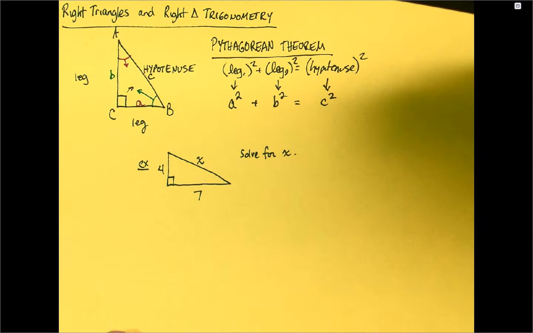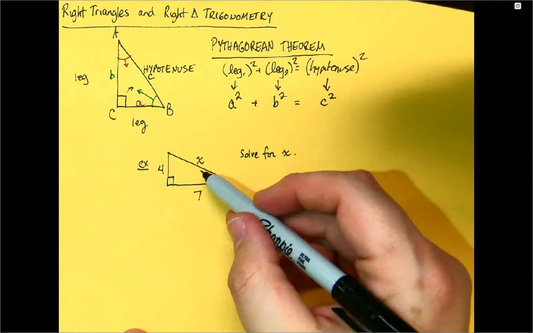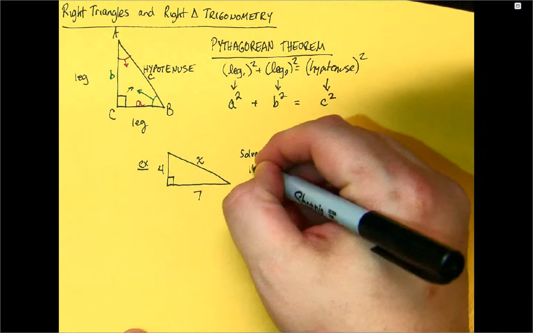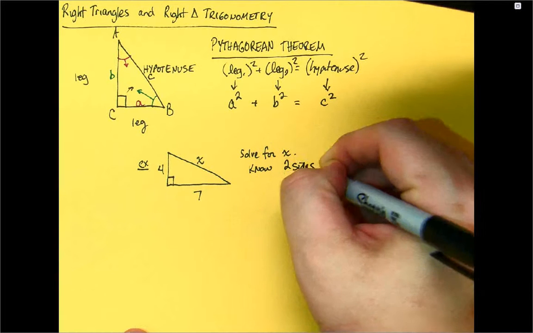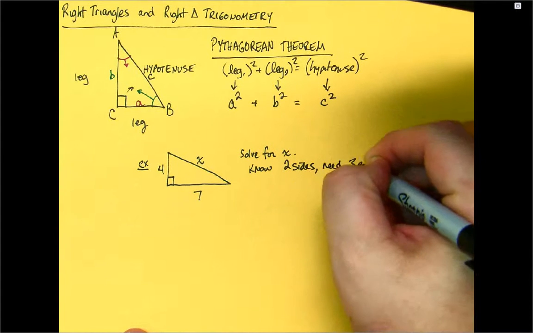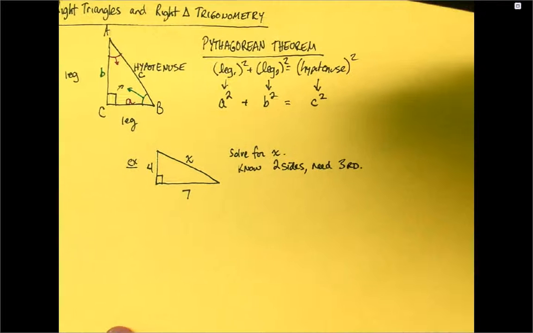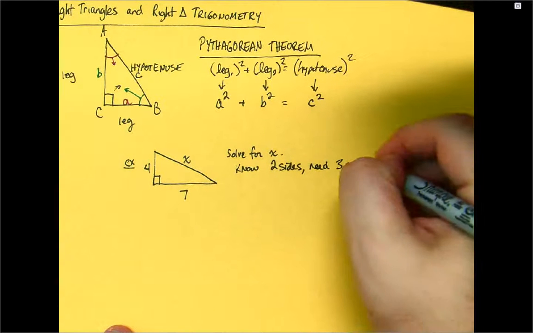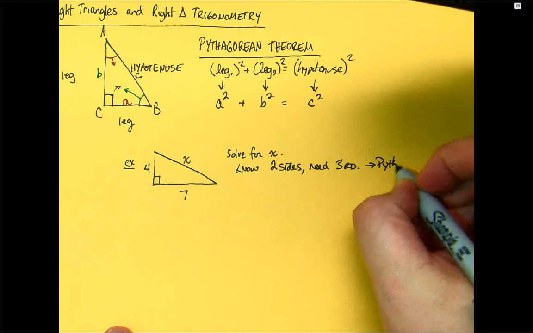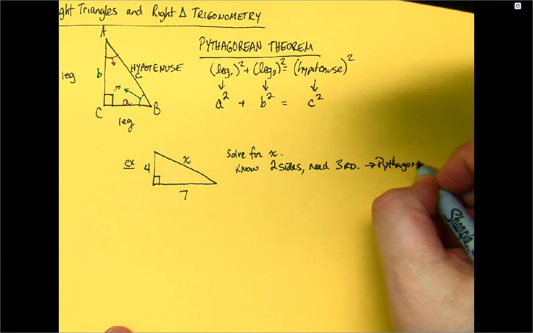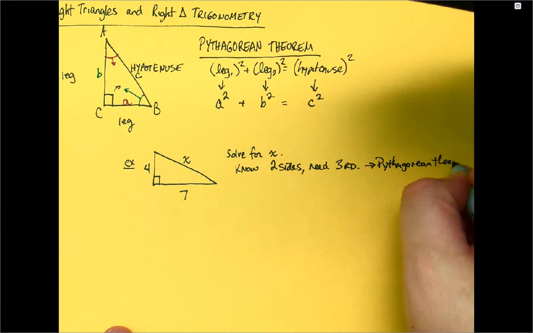Now, with this, if I know two sides and I need the third, guess what I'm going to use? Yep, I'm going to use the Pythagorean theorem.